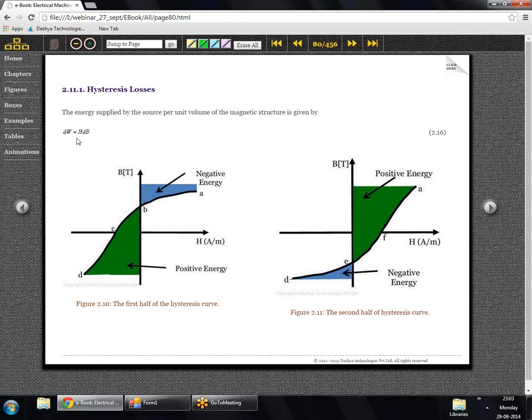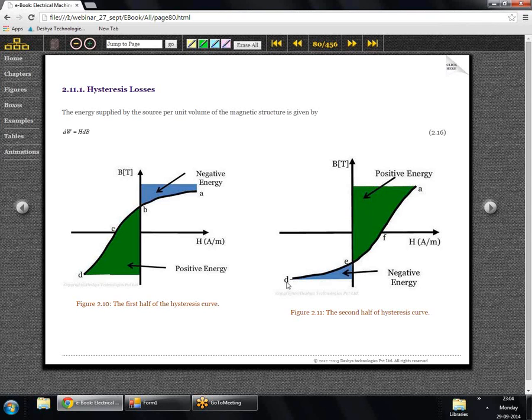So positive energy means that the source supplies energy to the material. Similarly, if we go from C to D, again the value of H is negative and the slope of the curve is also negative. So our energy is positive, and it means that the source is supplying energy to the material.